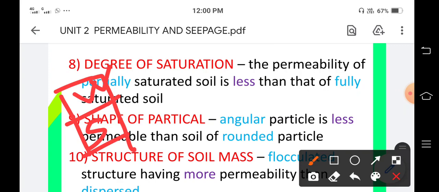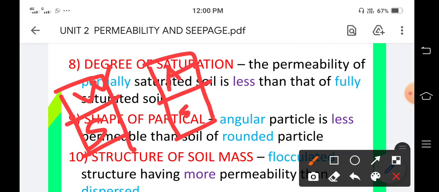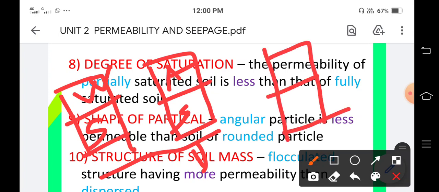Soil which contains air and solid is called dry soil. These are two-phase systems. Three-phase system means the soil which contains air, water and solid, which is also called partially saturated soil.